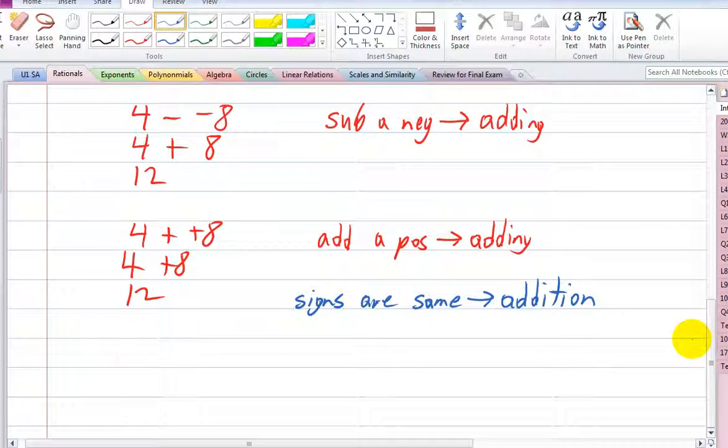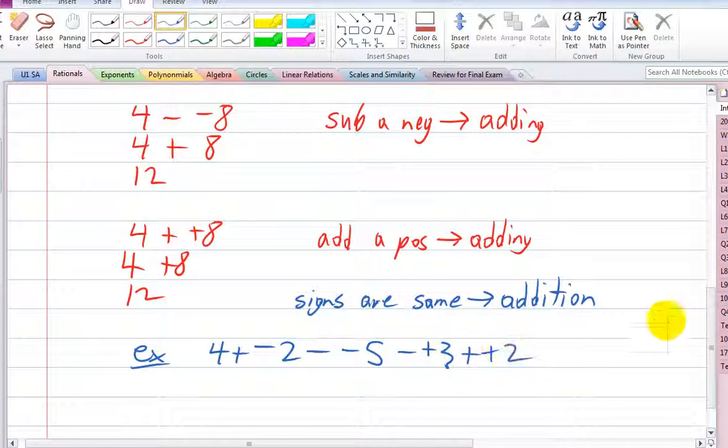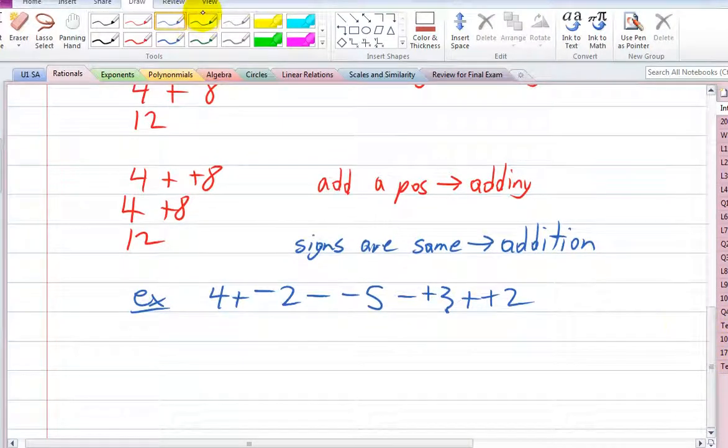Okay. So let's do one quick example. 4 plus negative 2 minus negative 5 minus positive 3 plus positive 2. Okay. So again, the first thing would be to rewrite your digits and fix your signs.